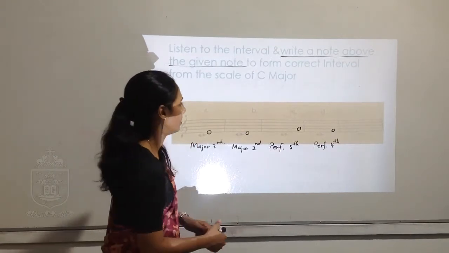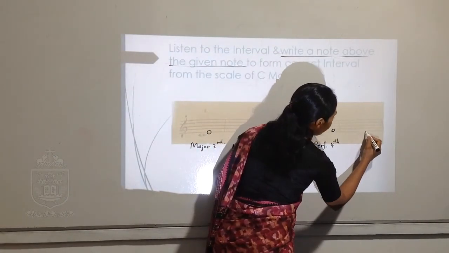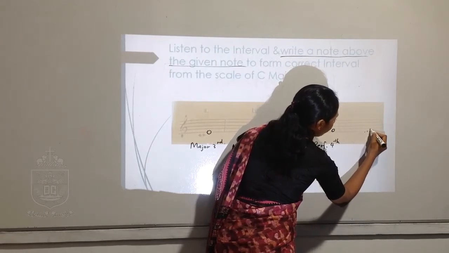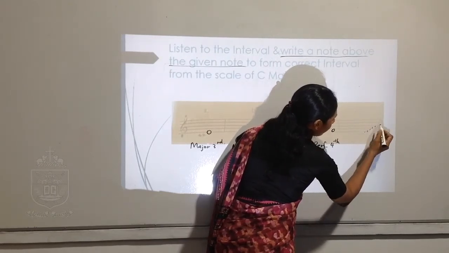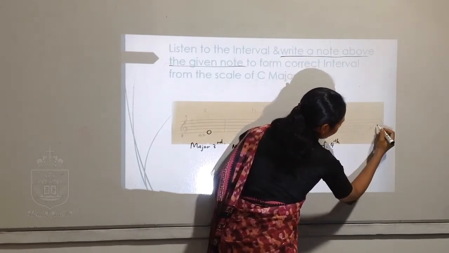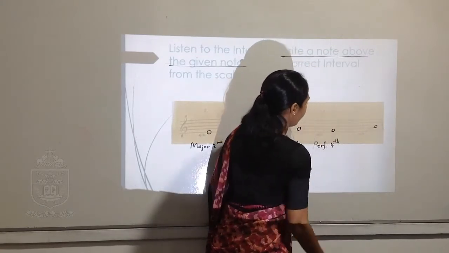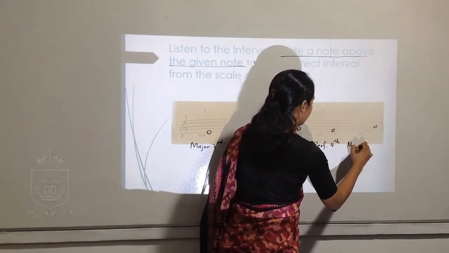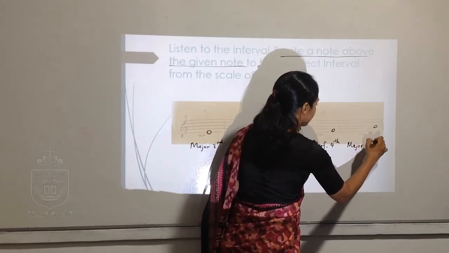Sixth. So from here, C, 1, 2, 3, 4, 5, 6. This is your sixth. So the second note is A. It's a major sixth.